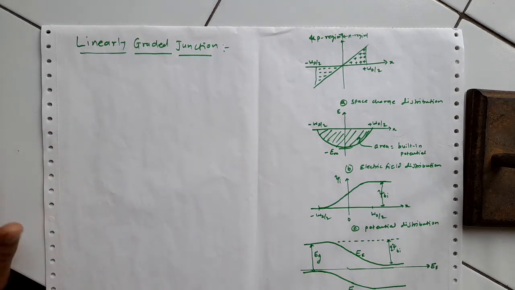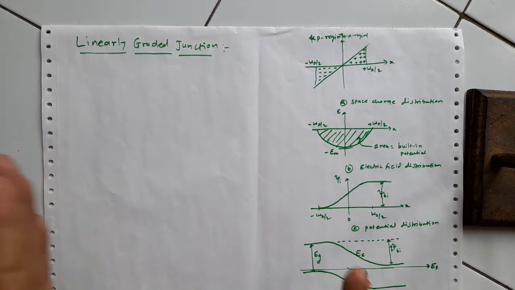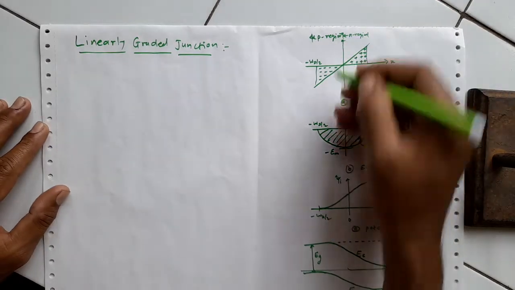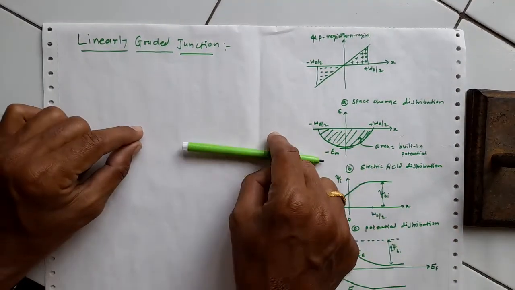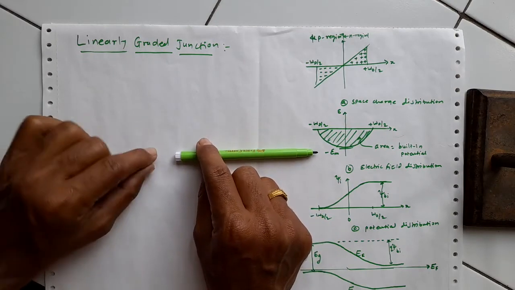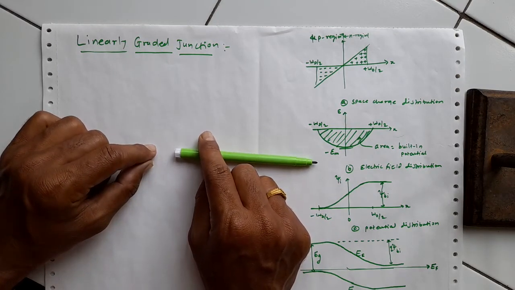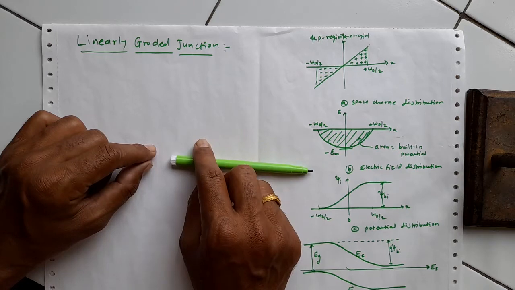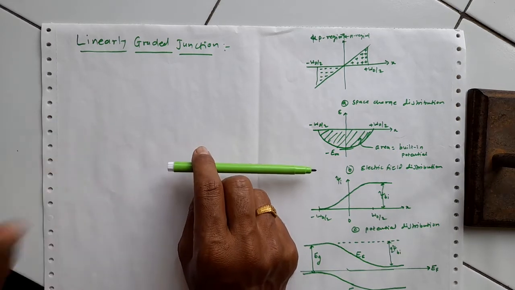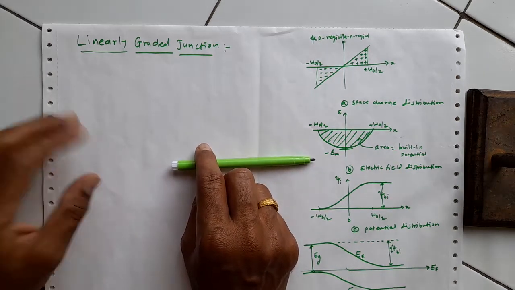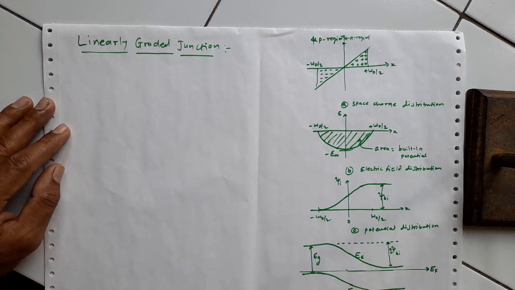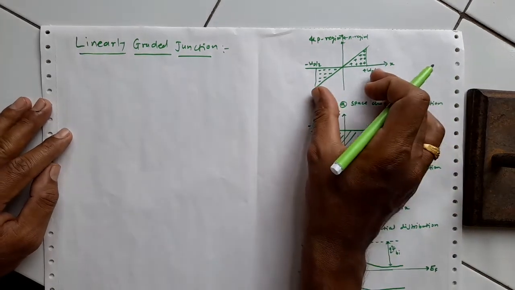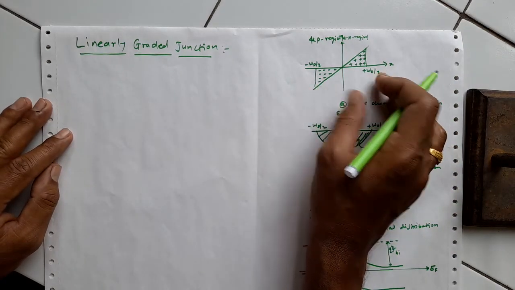The doping profiles are not abrupt, especially near the metallurgical junction, where the two different types of regions are connected to each other and compensate each other, where the depletion widths terminate.